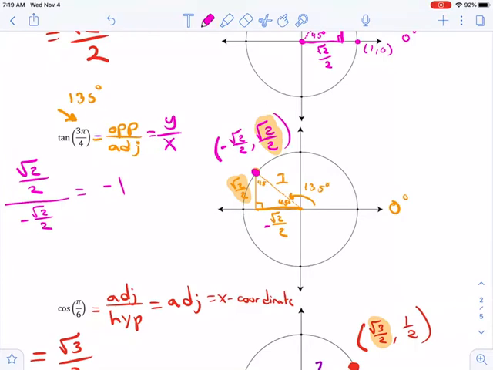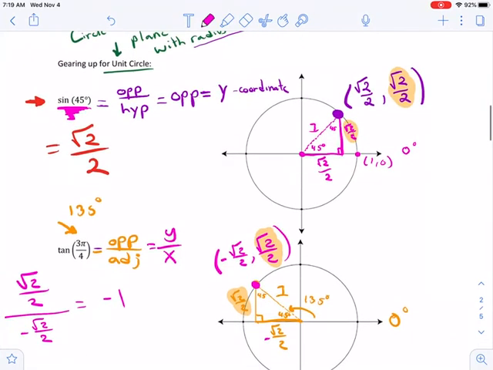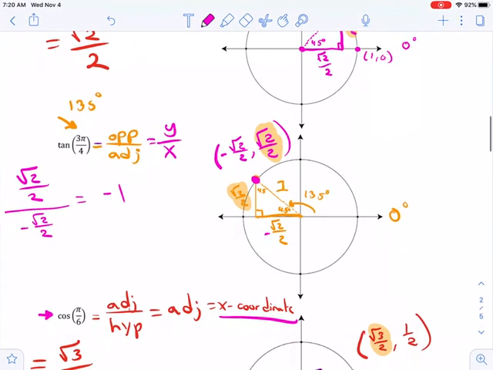But we learned basically that if I'm finding the cosine and I have the unit circle, then I can just grab the x coordinate. If I'm grabbing the sine of something, then I can just grab the y coordinate from the unit circle. And if I'm doing tangent, I probably still have some work to do, but I can also just do y divided by x.